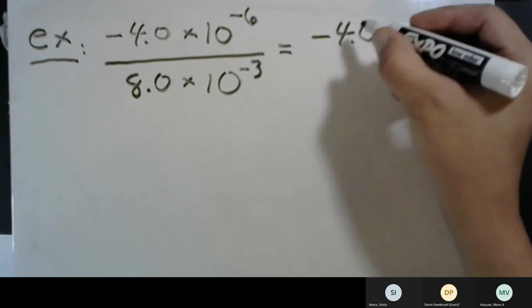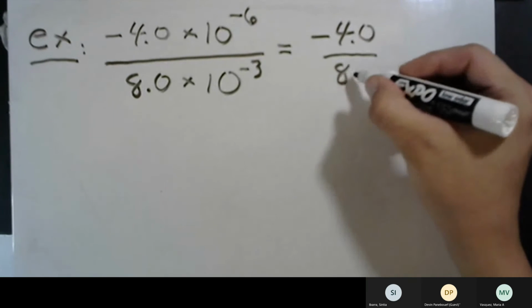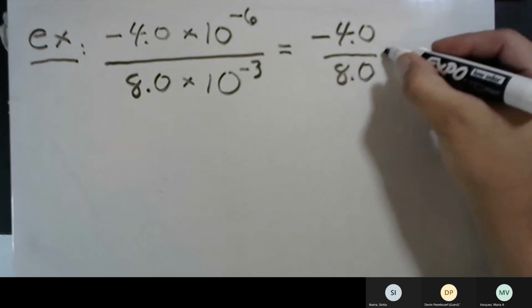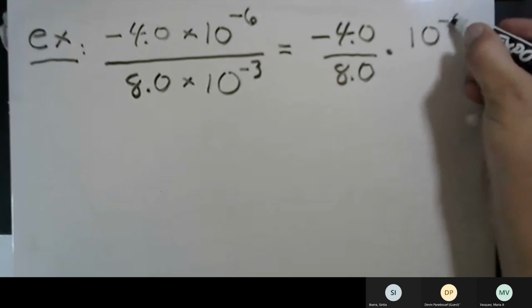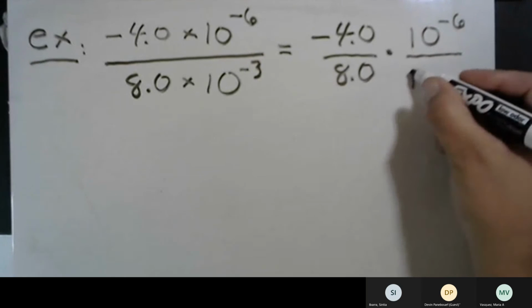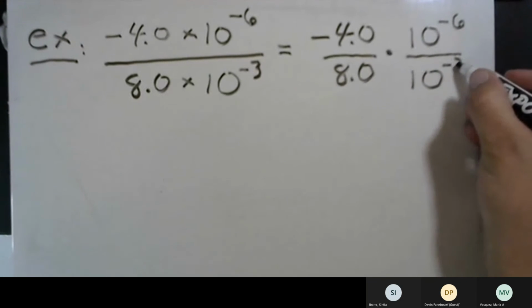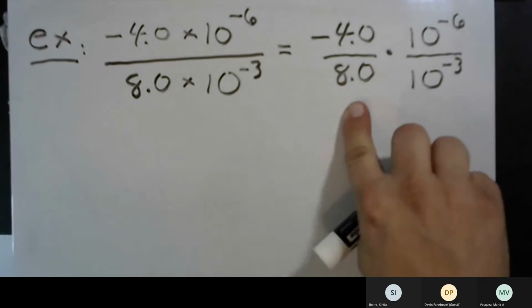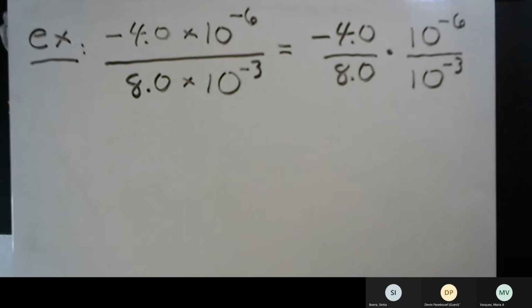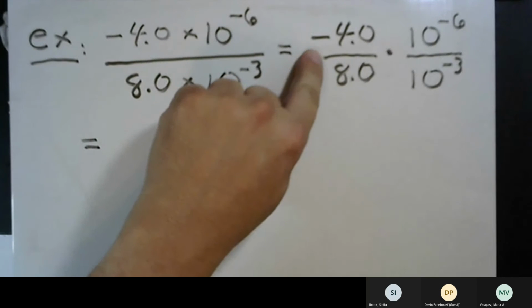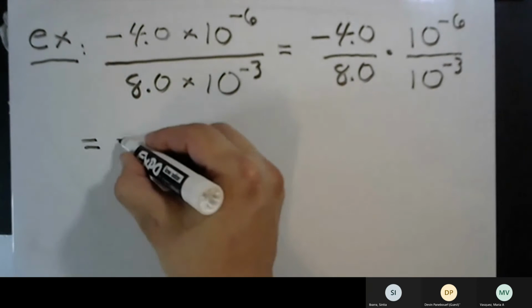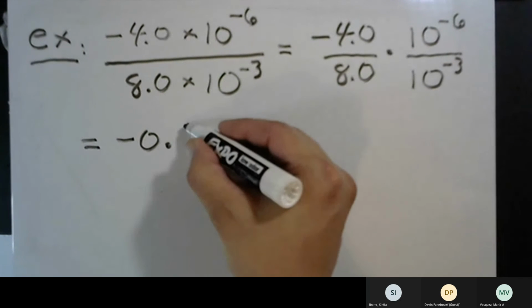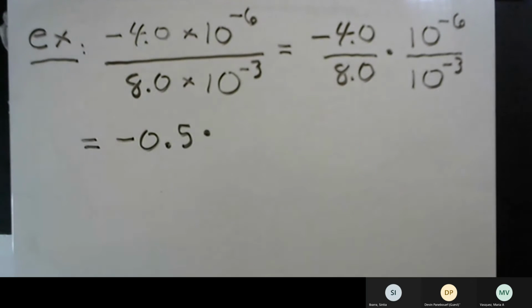Well, again, we're going to break it up. And again, this is like the coefficient fraction, and that's the variable fraction. So if we take negative 4.0, divide by 8.0, we get negative 0.5.